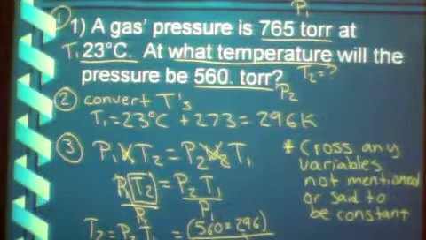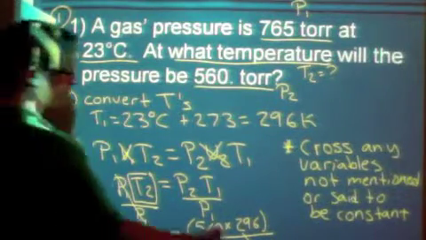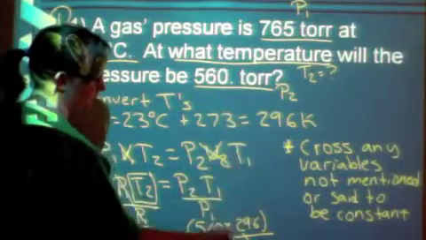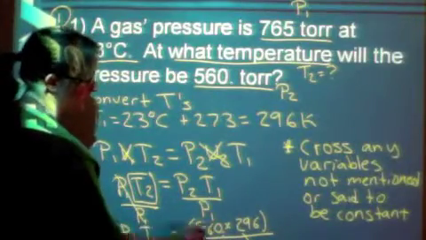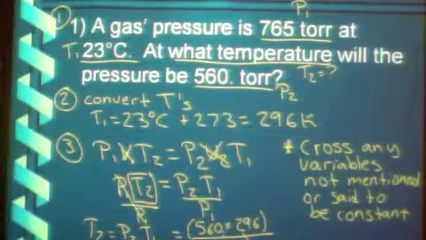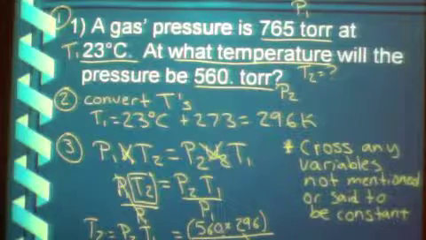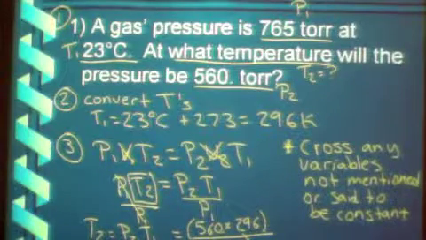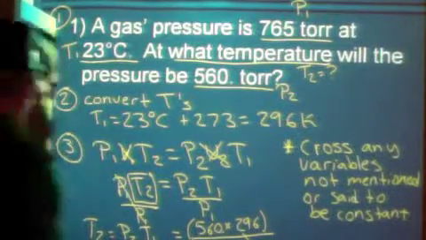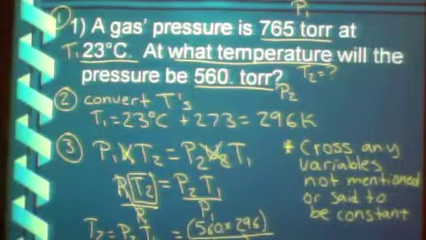So you're going to look at all the values that you plugged into the problem and go with the least amount. So with this 560, they put a decimal there. So we're going to put a decimal here as well. So that gives that 3 sig figs, 3 sig figs, and 3 sig figs. So your final answer should have 3 sig figs. And you should get 217 kelvins.